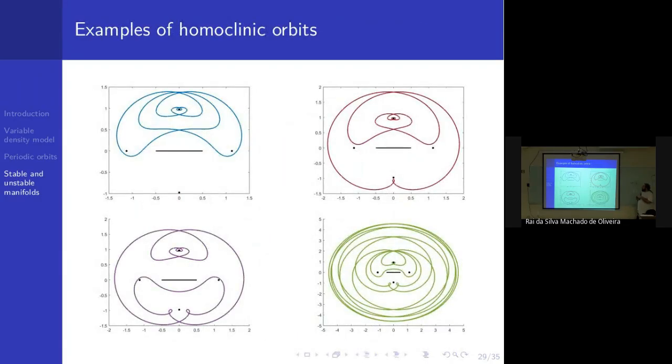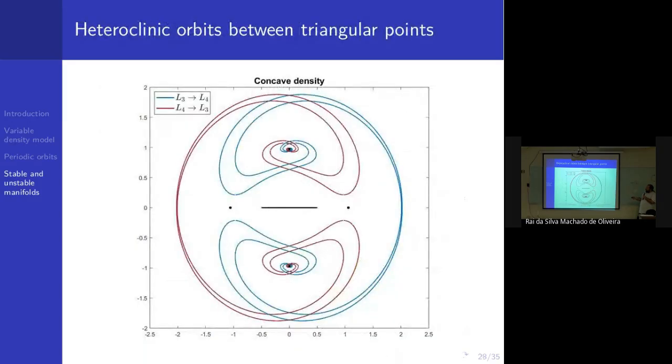Some examples of homoclinic orbits, and why am I saying some examples and not plotting all of them? Because computing these orbits is way more complicated than the heteroclinic orbits. Because with the heteroclinic orbits, you can use the symmetry of the system, right? Your system is symmetric with respect to this axis.